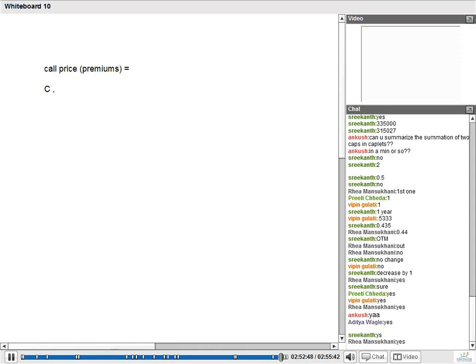If I'm given the call price, the stock price, the strike price, the time to maturity, and the risk-free rate of return, then from the Black-Scholes model, can I compute the volatility? I can put all these values in the Black-Scholes model, and the only variable left which I haven't inputted will be volatility. The volatility that I compute in this manner is called implied volatility.